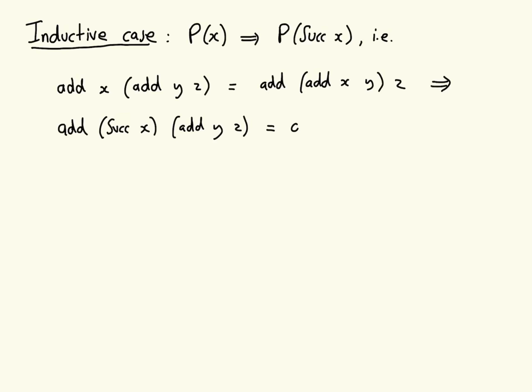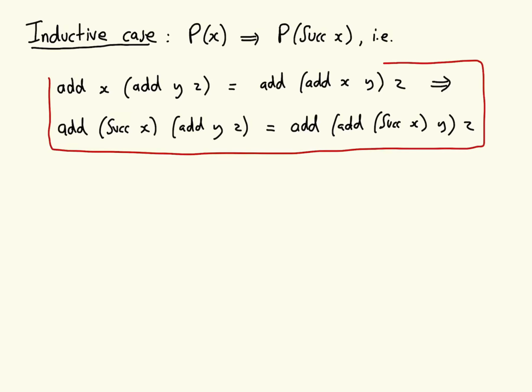And that should be add of add of successor of x, and then y, and then z. Okay, so all of this stuff here is simply P of successor of x. And as usual, I'll put what we're trying to prove into a little red box.